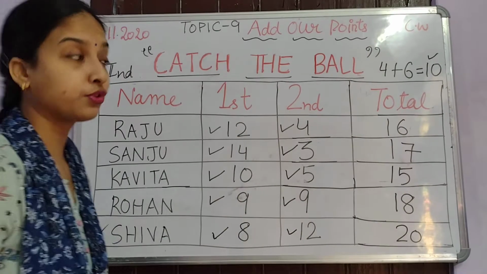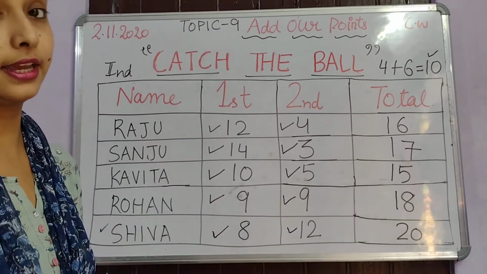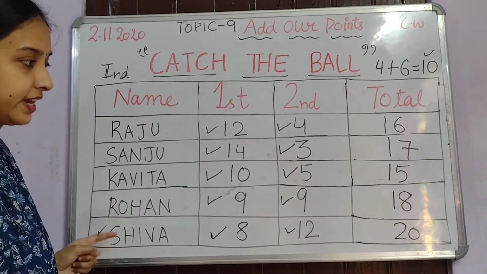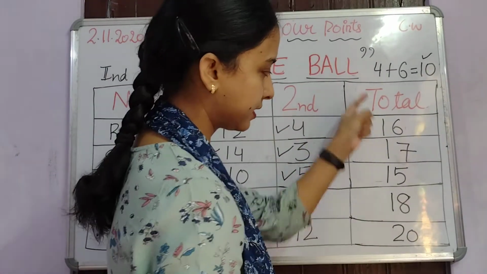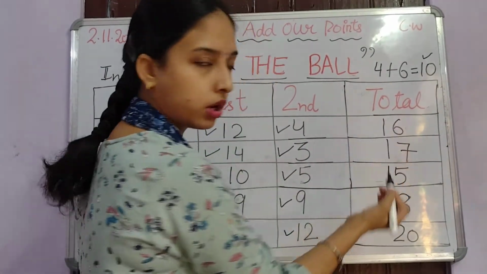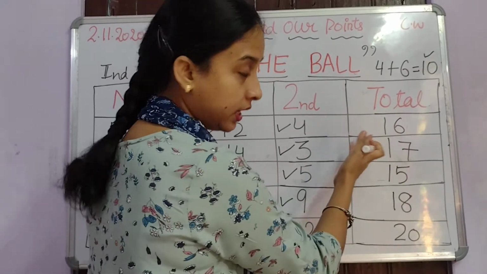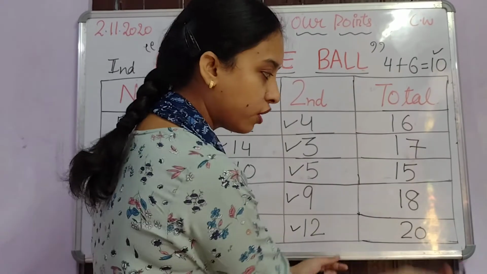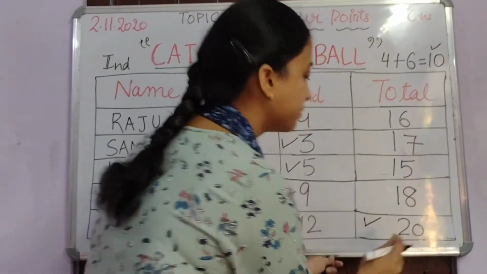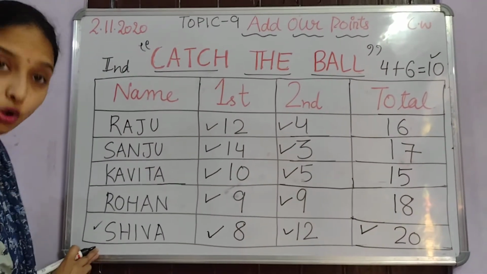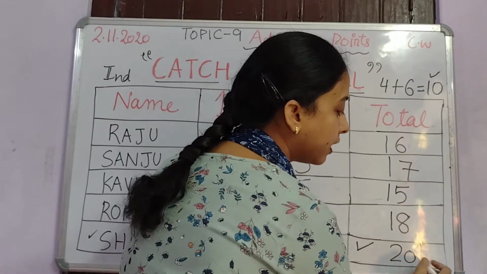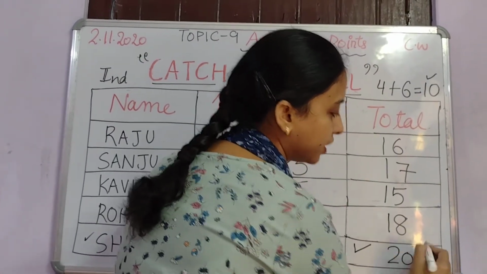Now tell me who is the winner in the game, who has got the maximum marks. You can check by this. Who has scored the maximum marks: 16, 17, 15, 18 or 20? Of course 20 is the maximum marks, made by Shiva. So Shiva is our winner. He got the first position.